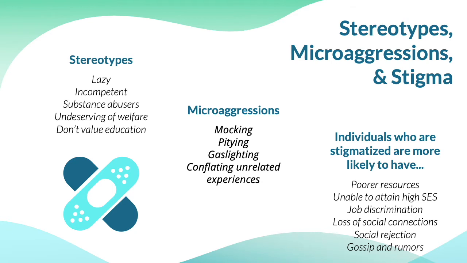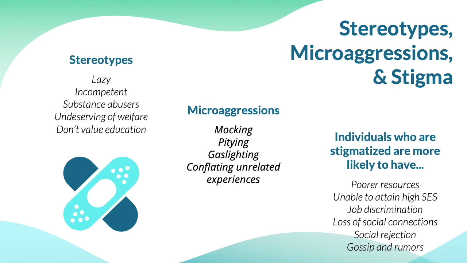A microaggression is a subtle form of discrimination that can be ambiguous, but they have been linked to lower self-esteem, poor mental health, sleep disturbances, and an additional stressor for marginalized individuals. Some microaggressions they may encounter are mocking, being pitied by others, gaslighting, and others conflating class-based oppression with their own unrelated experiences.